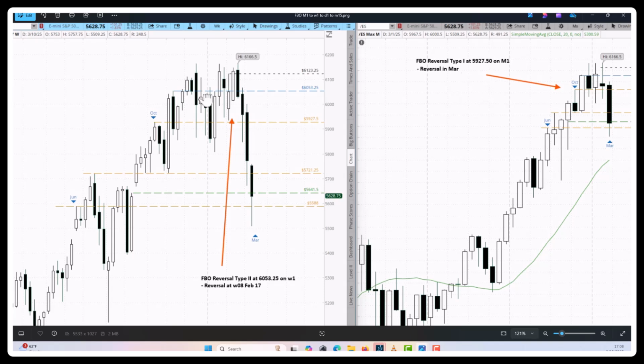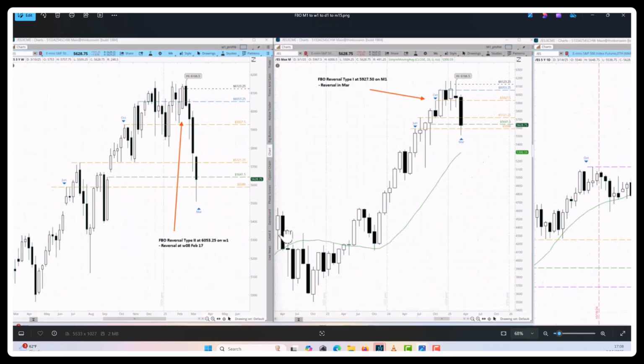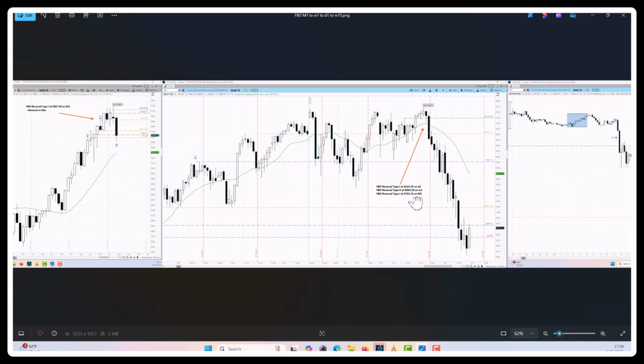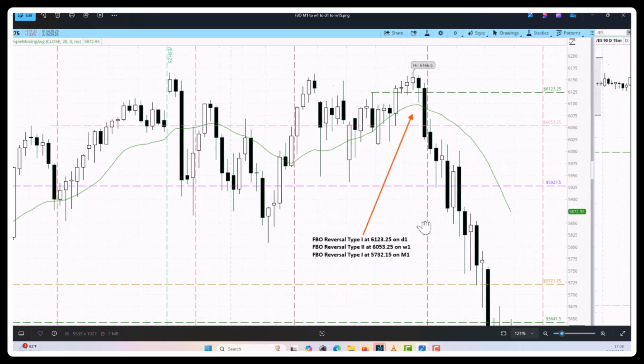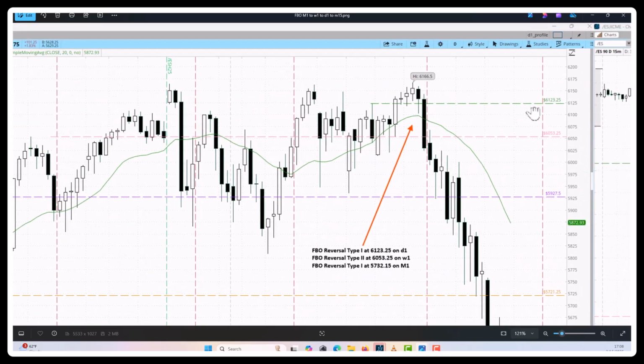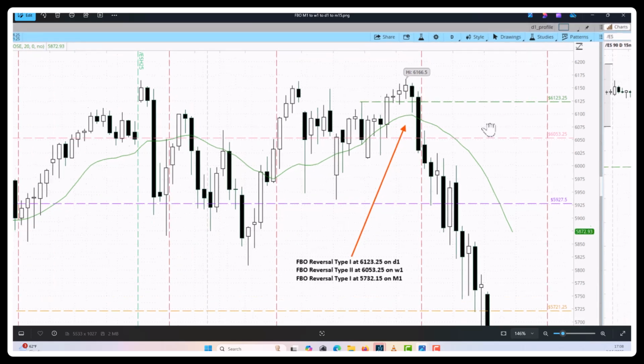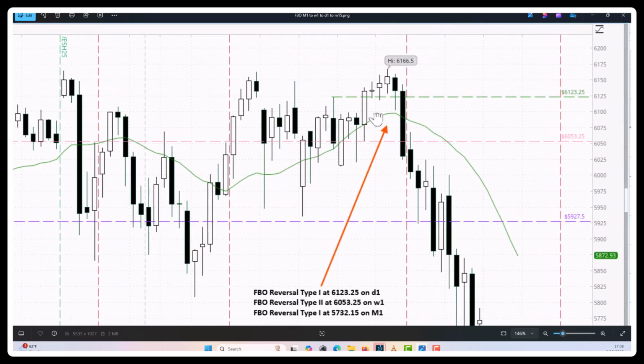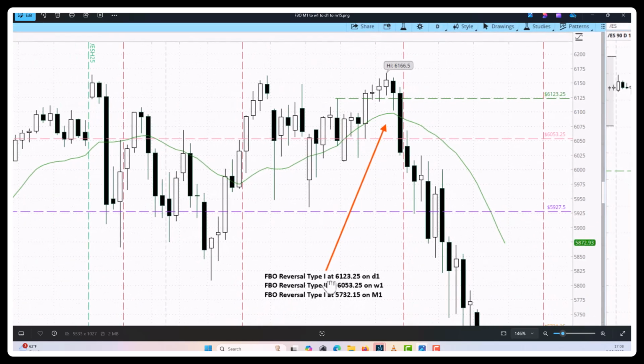For monthly it's type 1, but when we go to weekly we have to go up a level and we see type 2. Then we drill down to the daily, we have to go up a level. In this case it's another 100 point right there, 61.20.25. We see a type 1 right there.